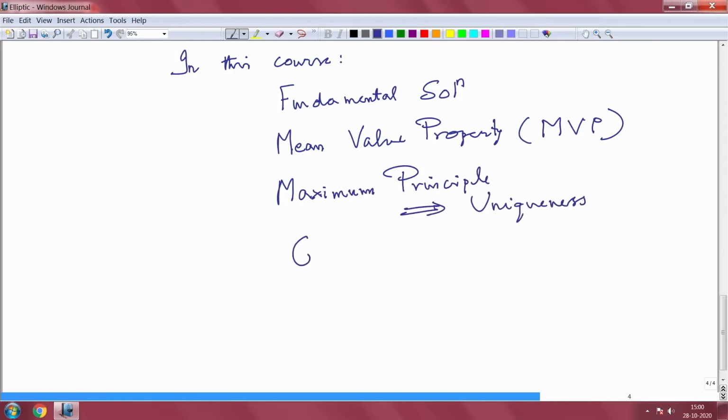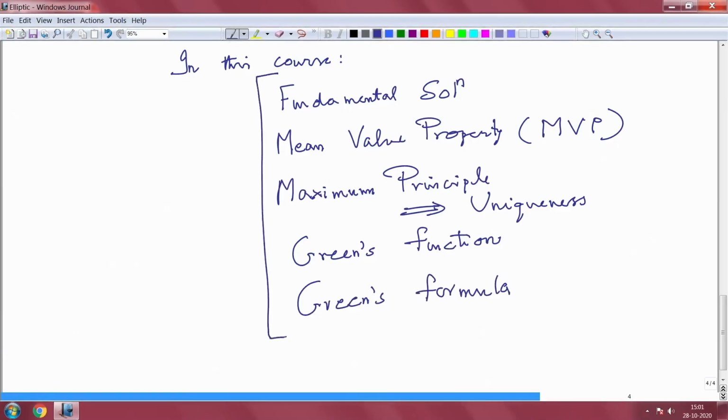And then we will introduce Green's function, and then Green's formula. This is what basically I want to do.